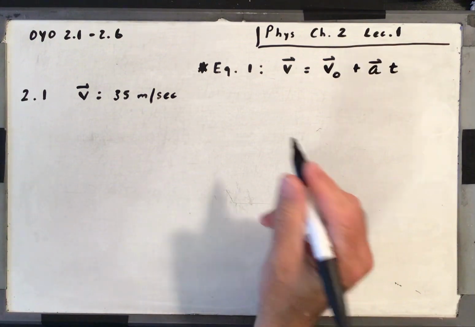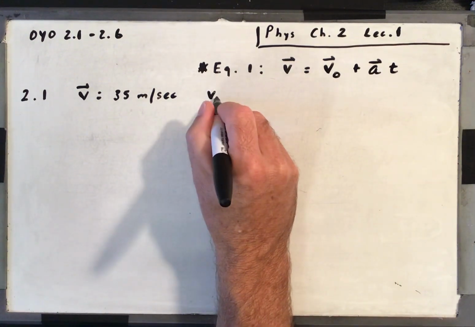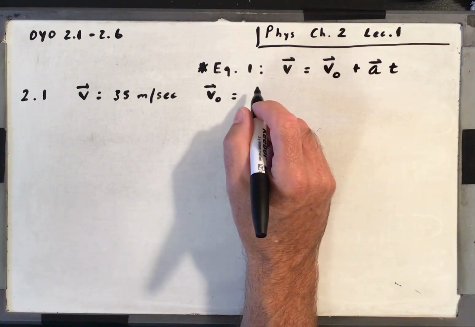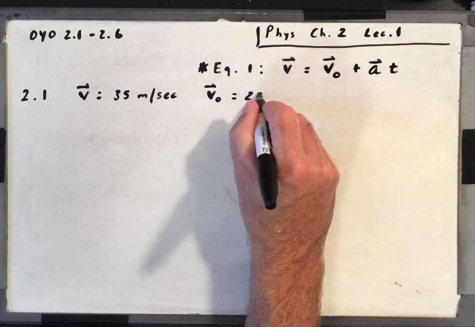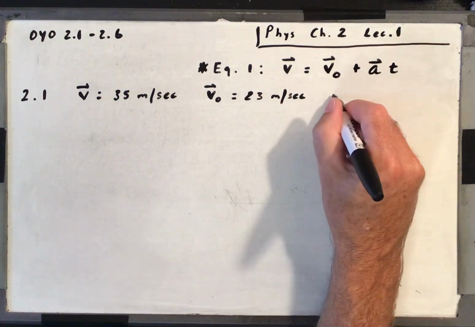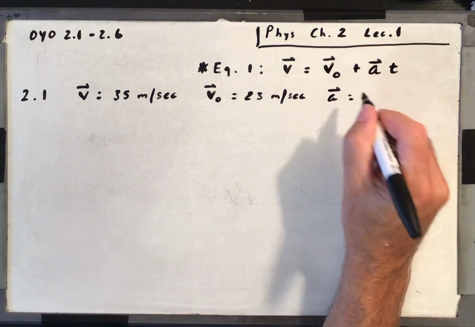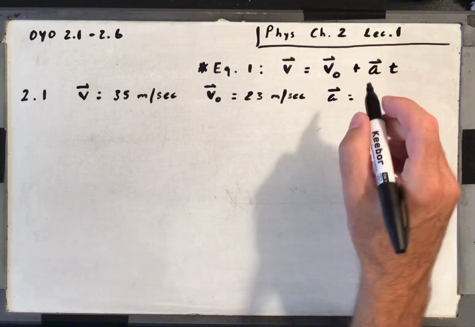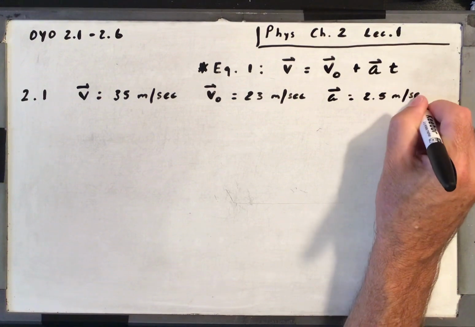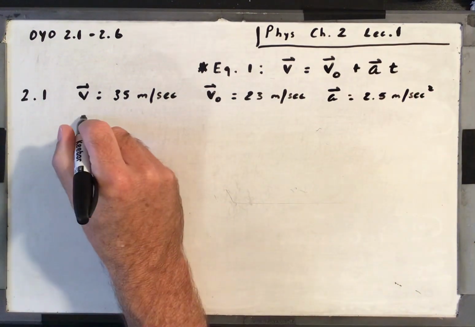The initial velocity, that's given in the problem, the police car started at 23 meters per second. Acceleration is given in the problem. The acceleration of the police car is 2.5 meters per second squared. And we want to know time.